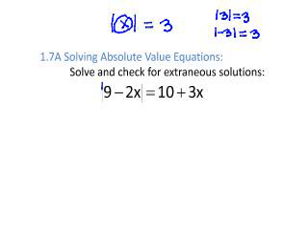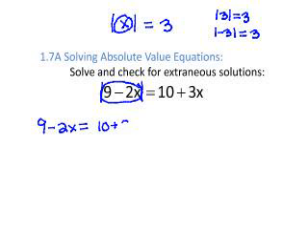So we have 9 minus 2x inside the absolute value. So this expression then could either be a positive or a negative. So 9 minus 2x could equal 10 plus 3x, where we keep it the same. But then the 9 minus 2x.